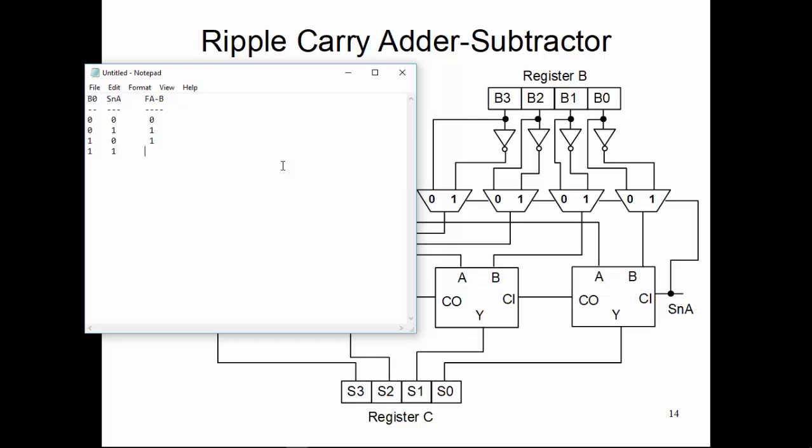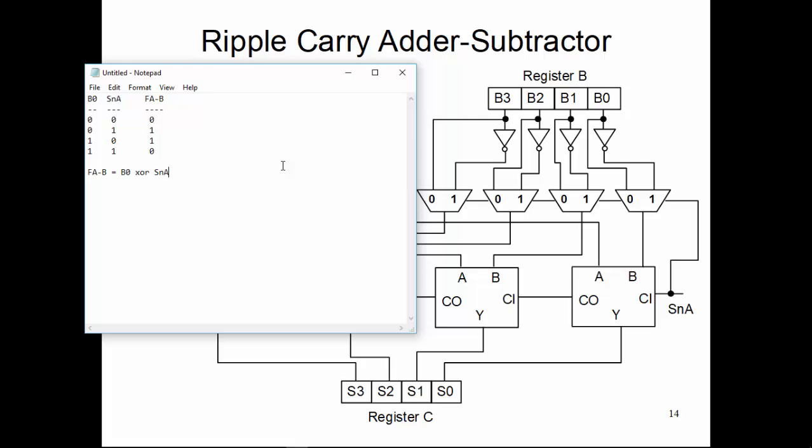Now look at the truth table. Isn't that your FA B equals B0 XOR S and A? I cannot type in that XOR symbol here, so we can just type XOR as a word. By looking at the simple logical relation between the bits and the different combinations of S and A, and what we need to feed into the B port of the full adder, we just determined they have an XOR relation between them.